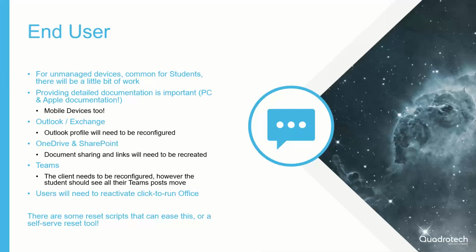So the reactivation piece is very key, and one of the points that I've been trying to hammer out is initiating sign out on the source tenant. That's going to be very key to make sure that your reactivation of the Office client runs correctly, so that it can actually point to the target tenant and not still be pointing to the source. There are some reset scripts that can ease these concerns, or a self-service reset tool that we also provide as part of our migrations.